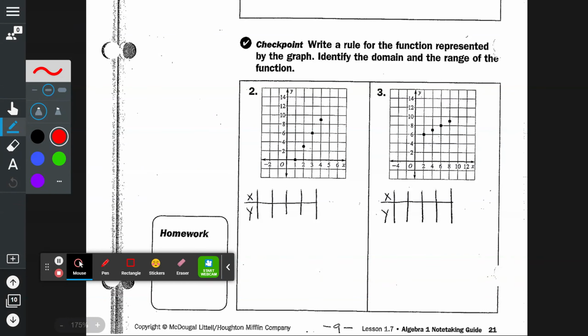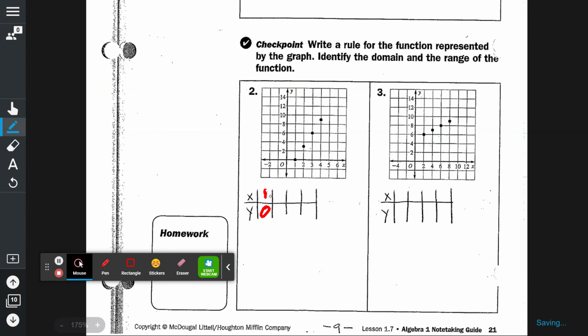So the first thing we do is we put the graph into a chart. So when x is 1, y is 0. When x is 2, y is 3. When x is 3, this is 6. And when it's 4, it's 9. So I notice my y is changing by 3 when my x is changing by 1.